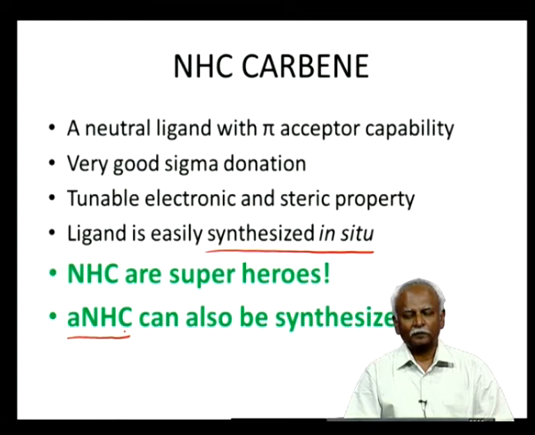However, at the moment not many abnormal N-heterocyclic carbenes are known. What characterizes both the NHC and the abnormal NHC is the fact that they have very good sigma donation, much better sigma donation to the metal than carbon monoxide itself, and so their properties are significantly different.